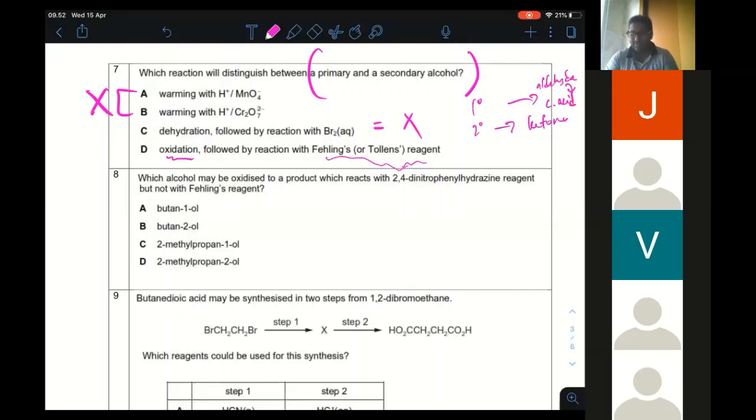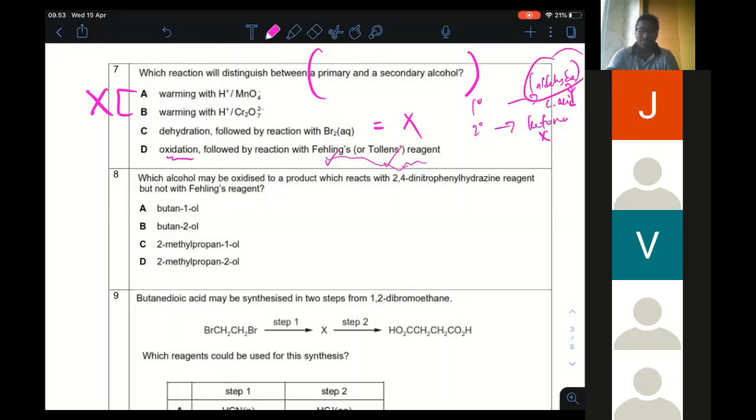Now, when I test this with Fehling or Tollens, if you have aldehyde, aldehyde will give you a positive result with Fehling, or a positive result with Tollens. But ketone will not give you a positive result with Tollens or Fehling. So we are assuming that primary is going to change into aldehyde.